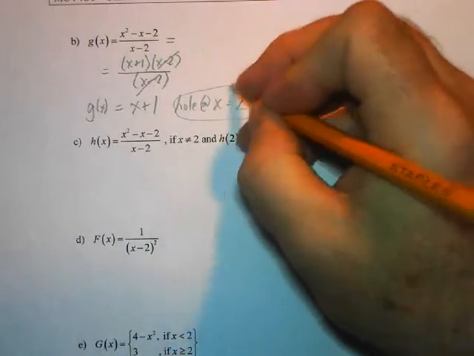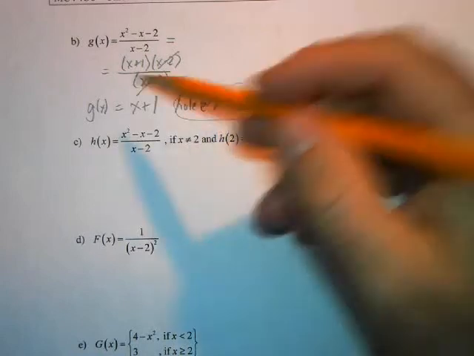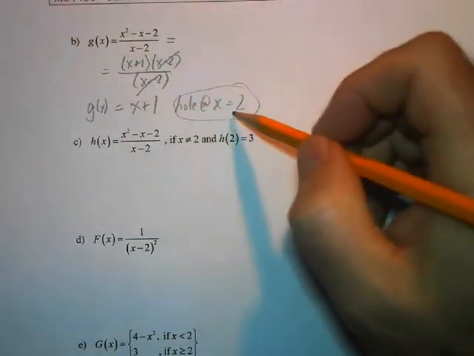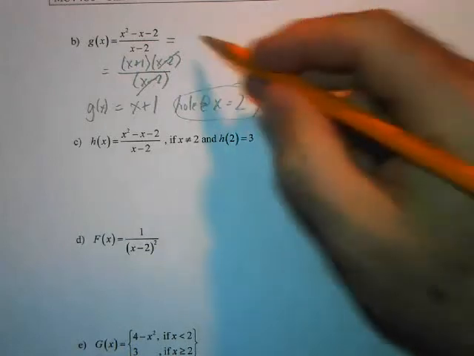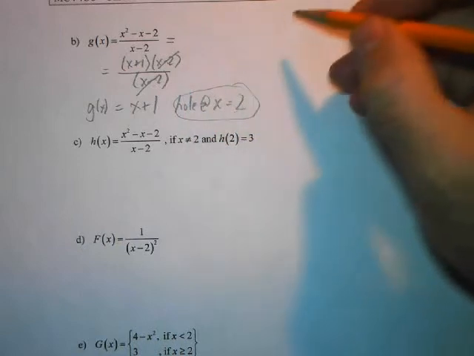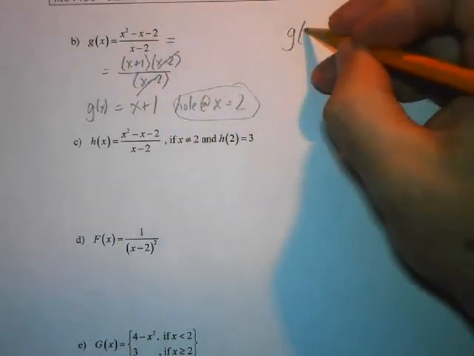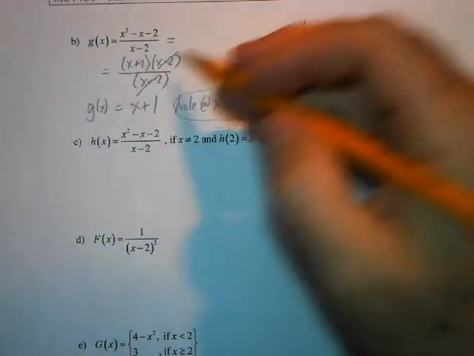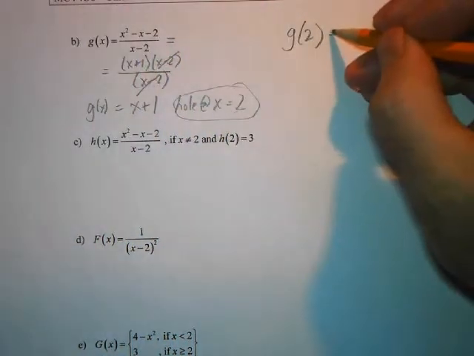Since we are checking whether it's continuous or not at x equals 2, obviously that's one of the cases where it's discontinuous. But let's do it the formal way. The function's g, so g of 2, we plug that in, we get 4 minus 2, that would actually be 0 over 0.